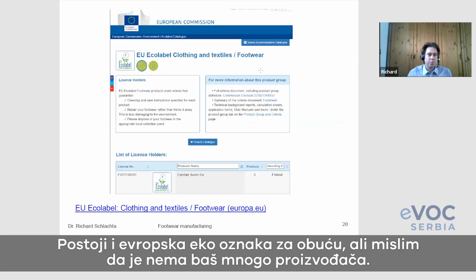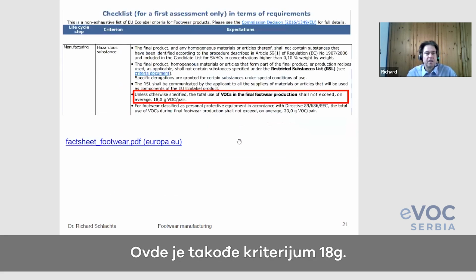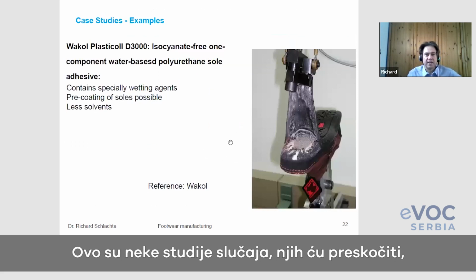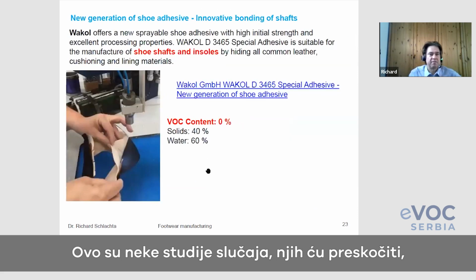Yes, and there's a European eco-label for footwear, but I think there are not many installations or manufacturers who have this European eco-label. Here are the criteria. It is 18 grams too, like the Blue Angel. So here are some case studies, but I will skip a little bit.